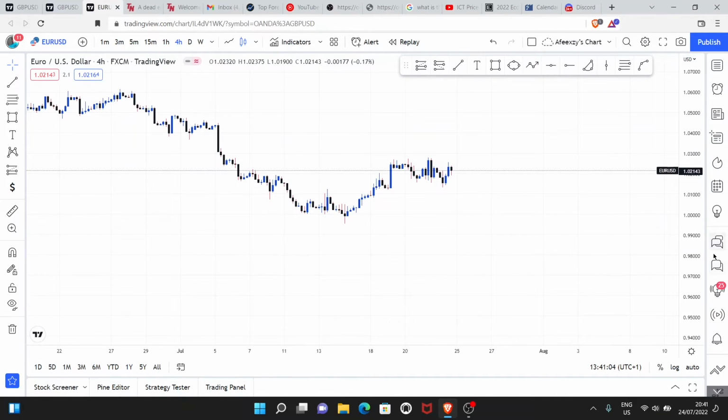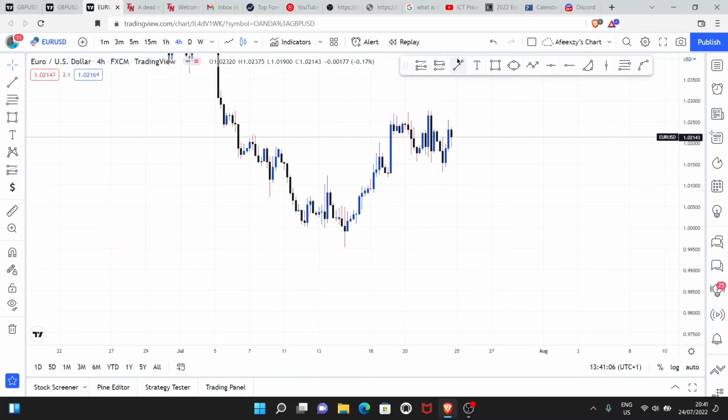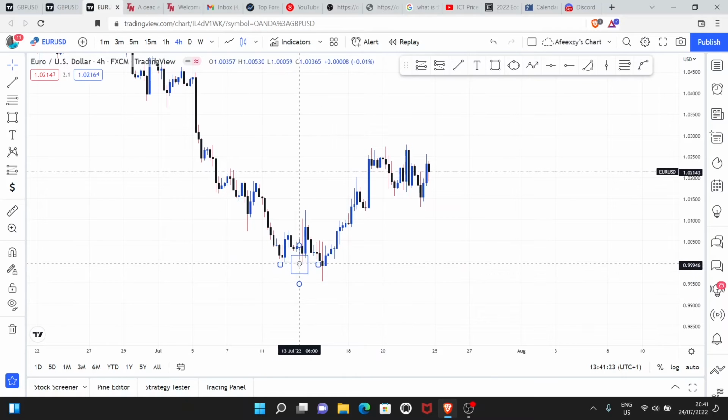Yeah, on the 4 hour time frame, I saw this zone. So, a sell side liquidity grab. After it grabbed the liquidity, you see the change of structure here on the 4 hour time frame.